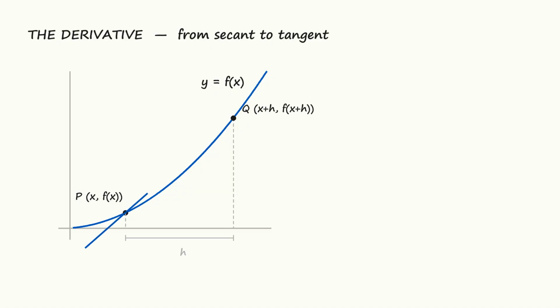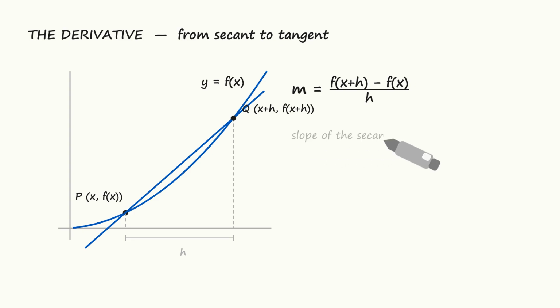Join them, and you get a secant line. Its slope is simply rise over run. F of x plus h, minus f of x, all divided by h. That is the average rate of change. Useful, but blunt. It tells you nothing about what is happening at P itself.